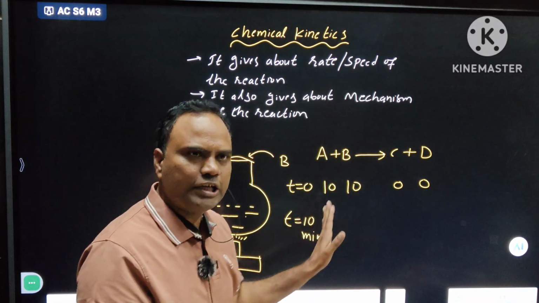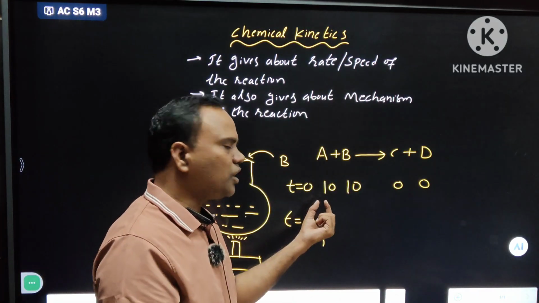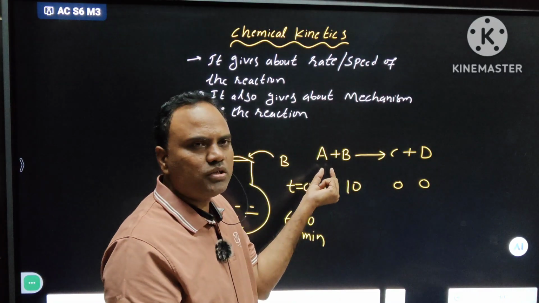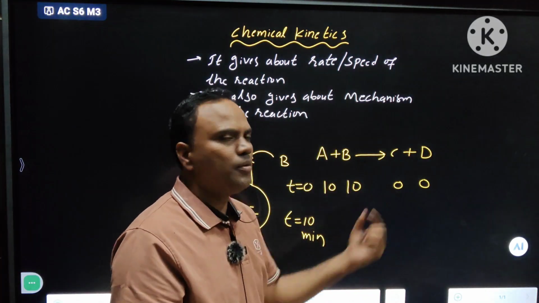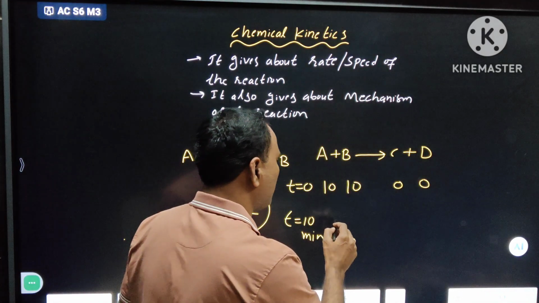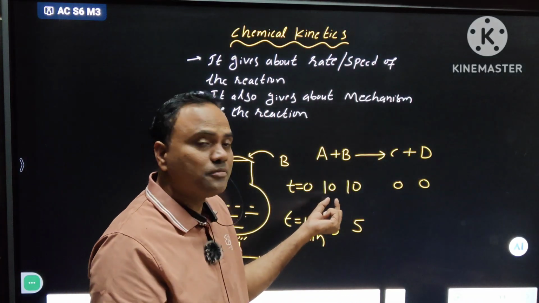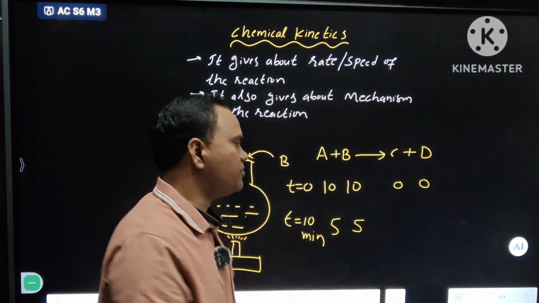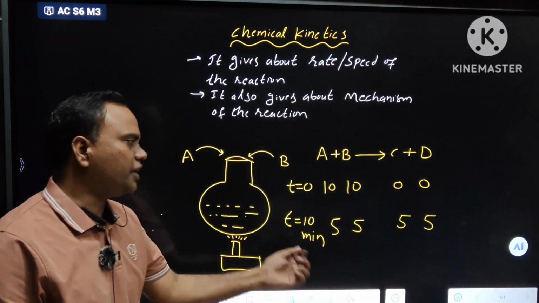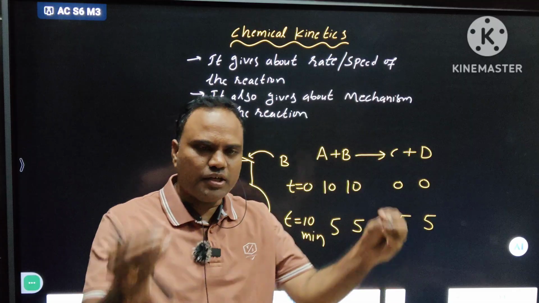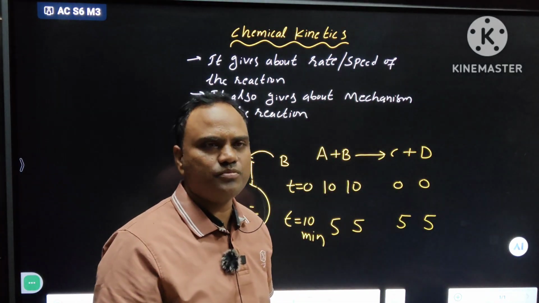So initially 10 we took. After 10 minutes, what happened? Out of 10, 5 A molecules are combining with the 5 B molecules to form products. Means I can write like this: after 10 minutes, 5, because out of 10, 5 are converted into product. So I can write like this. Clear? After 10 minutes.